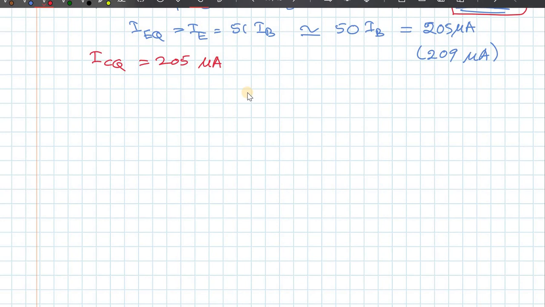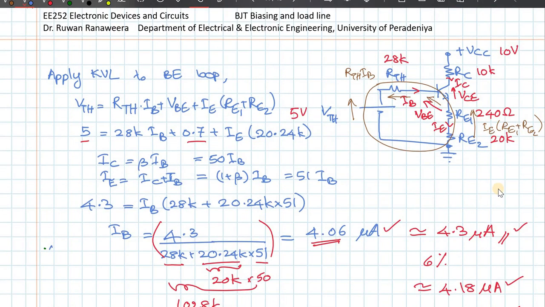So to find VCE, we apply Kirchhoff's voltage law to the output loop, or CE loop. So what do you have in the output loop?